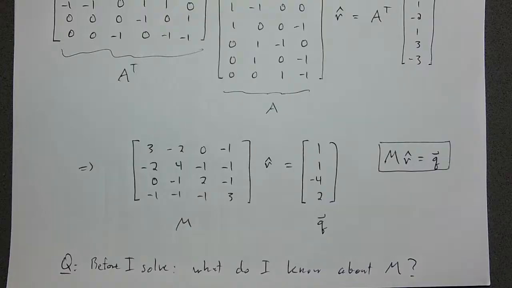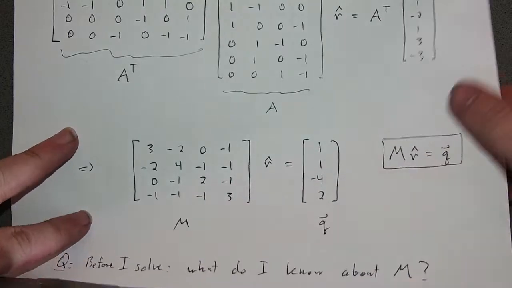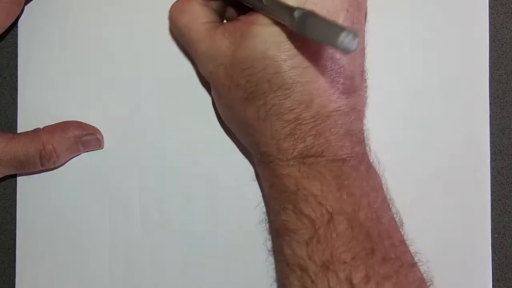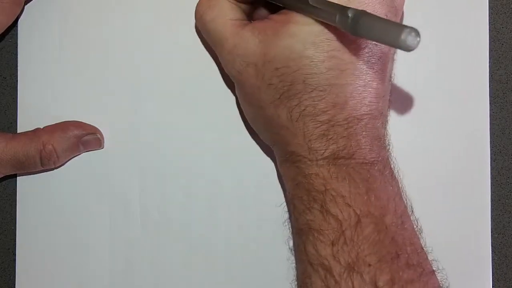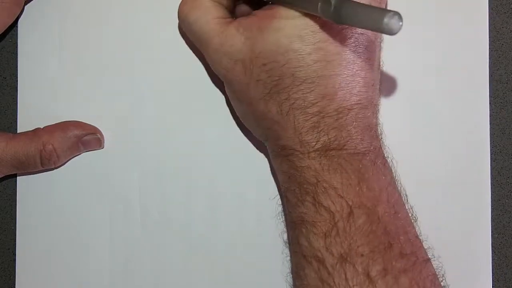There's a lot more we can say. So in fact, here's what we know. First of all, we have our matrix M. We have the equation M R equals Q. I think I used hat here. Doesn't matter.